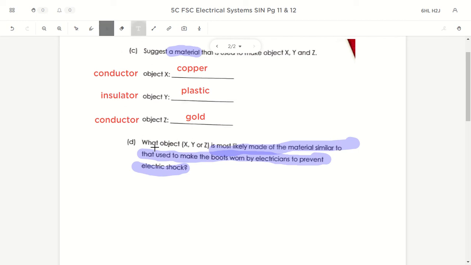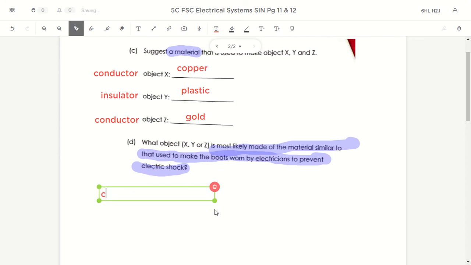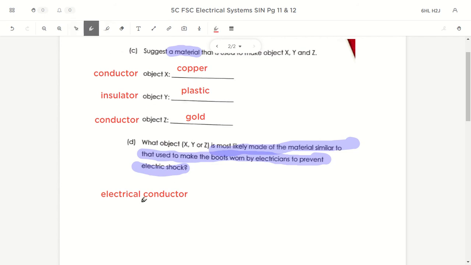If I wear an electrical conductor, let's say a pair of boots that is an electrical conductor, and I step on wires that conduct electricity, I will get electric shock.